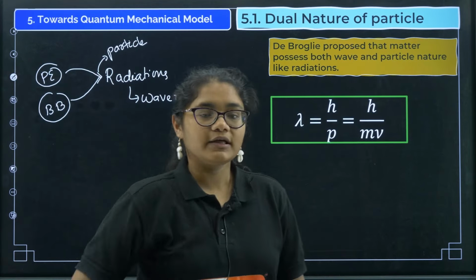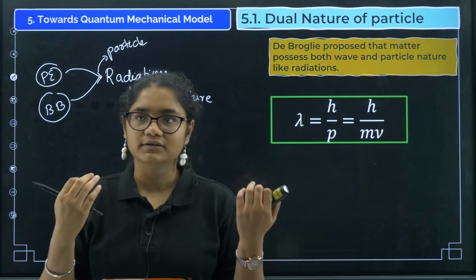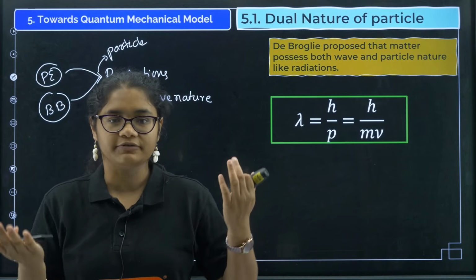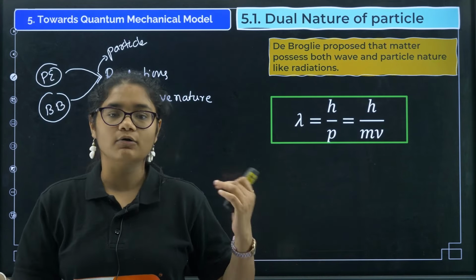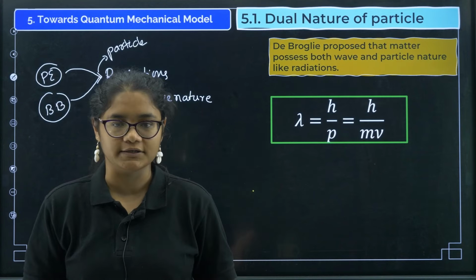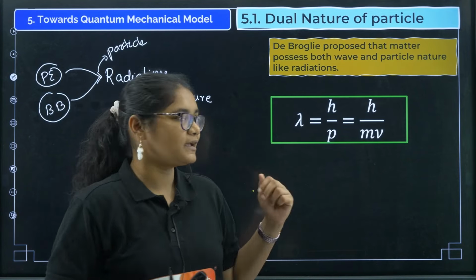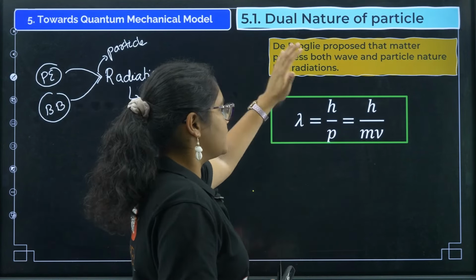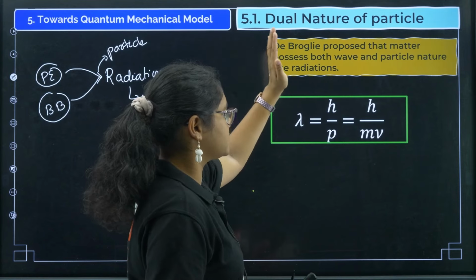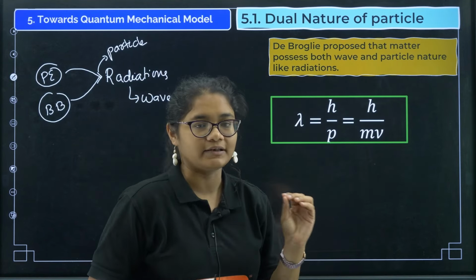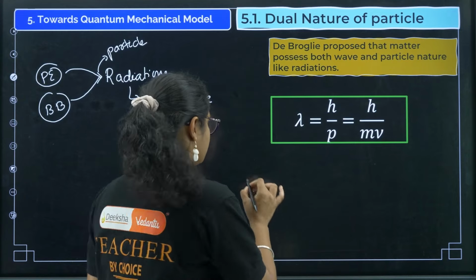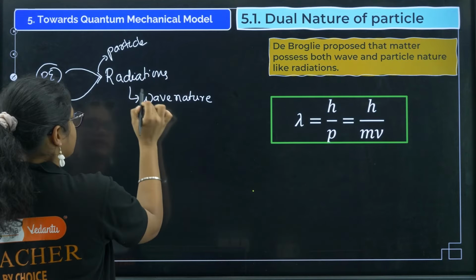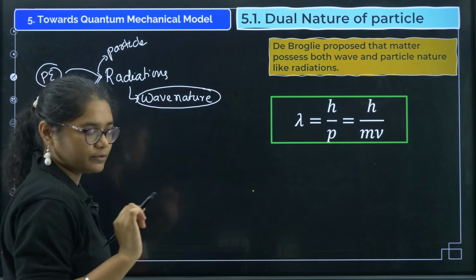Now in analogy, if radiations can have both wave and particle nature, then matter can also have both wave and particle nature. That was proposed by a scientist, de Broglie, who said that matter also possesses both wave and particle nature like radiations. Radiations were believed to have wave nature, we all knew that.